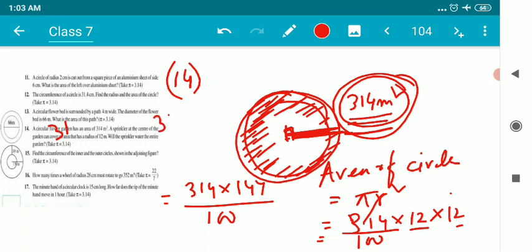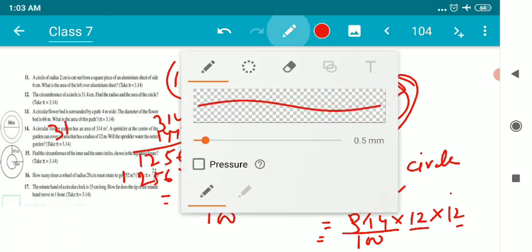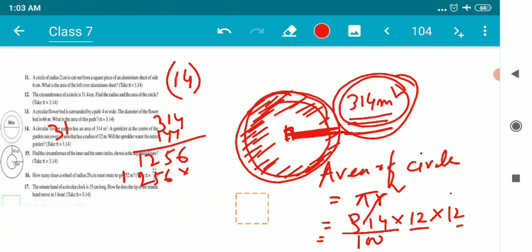Now I'm just multiplying 314 with 144. Let's see how much comes. 4 4s are 16, 6 and 1 to be carried, 4 1s are 4 plus 1 is 5, 4 3s are 12. Next, again it will give 1256. I just need to clear a space a bit because I'm not getting sufficient space to multiply. Then again with 1, 300 and 314.